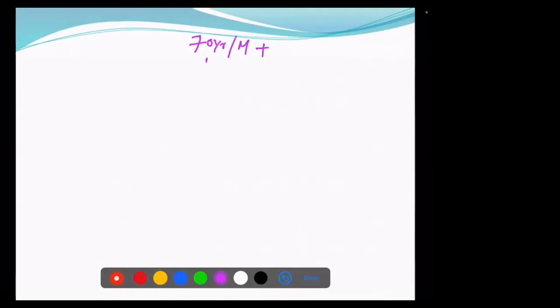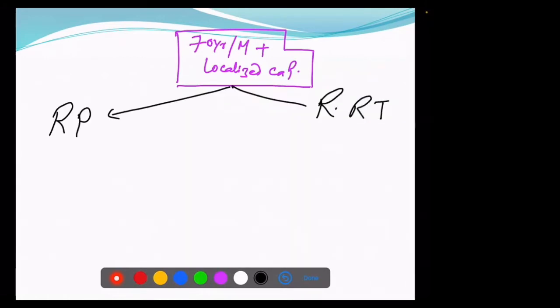Diagnosed as a case of localized prostate cancer, now we have two basic options. You can go for radical prostatectomy, or you can go for radical radiotherapy. So which one to choose? Both are effective.